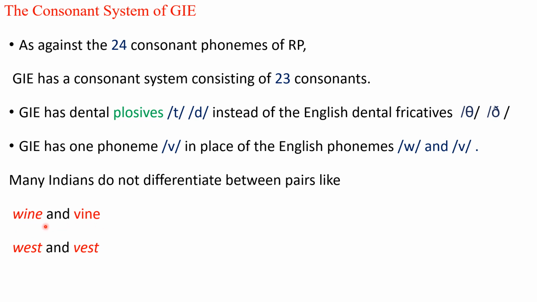But in RP, there is a clear differentiation between these two sounds. Indians pronounce these two sounds alike. But as in RP, W should be rounded, lips should be rounded, whereas in wine, your upper teeth should touch the lower lip. Wine, west. So this is the difference.